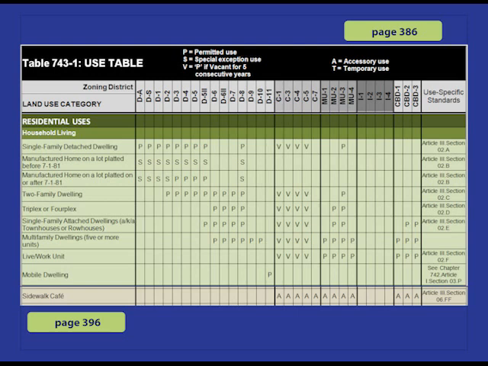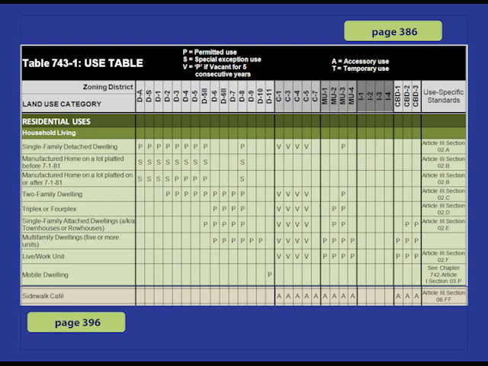Now you look next and you'll see the triplex or fourplex. These are permitted in a narrower range of dwelling districts. It starts with the D6 district, D6-2, D7, and D8 districts. Those are higher density dwelling districts, and we are allowing this new type of housing unit in those.